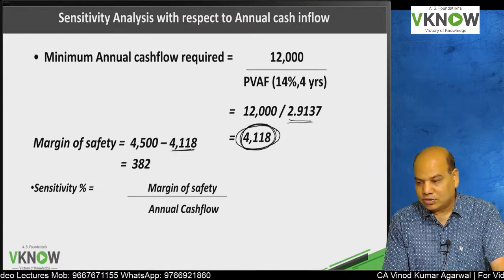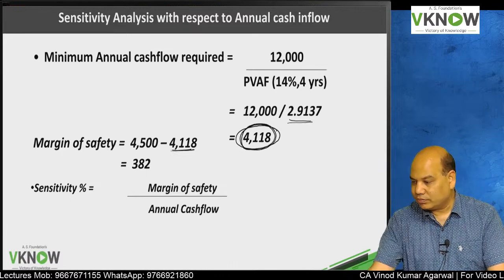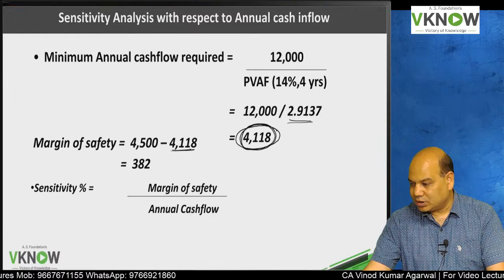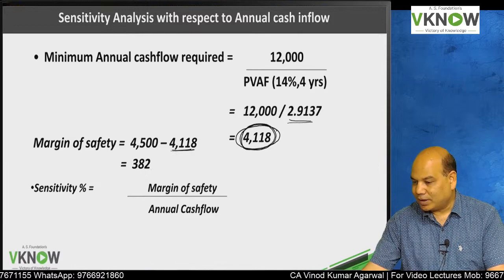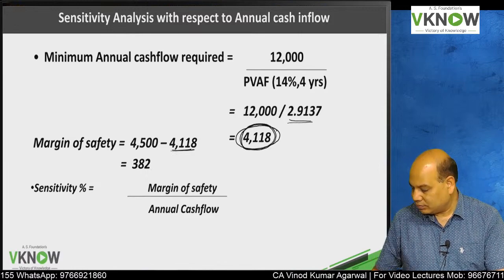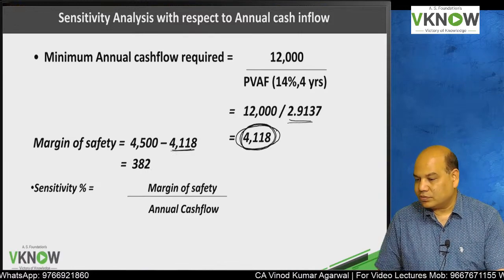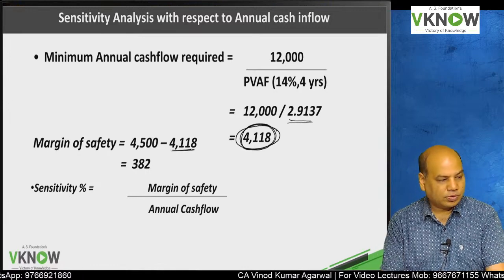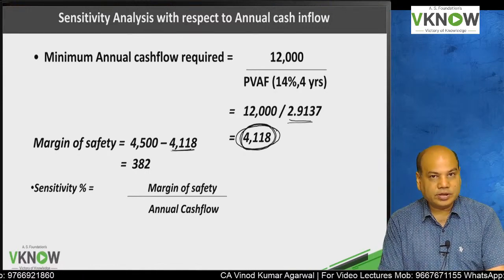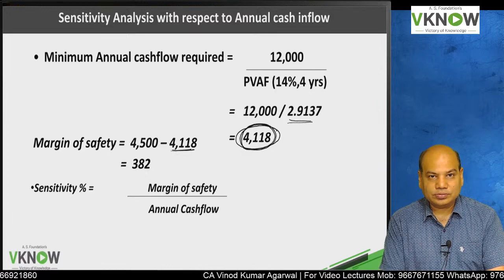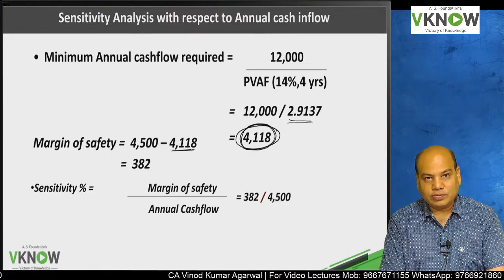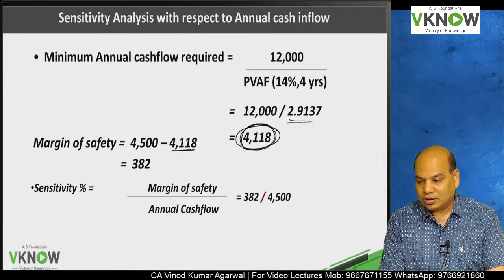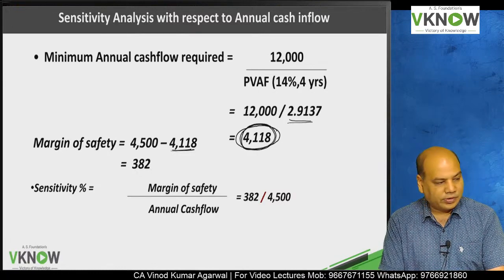So right now write down sensitivity percentage. Sensitivity percentage will be margin of safety divided by annual cash flow. Margin of safety 382 divided by annual cash flow 4,500.